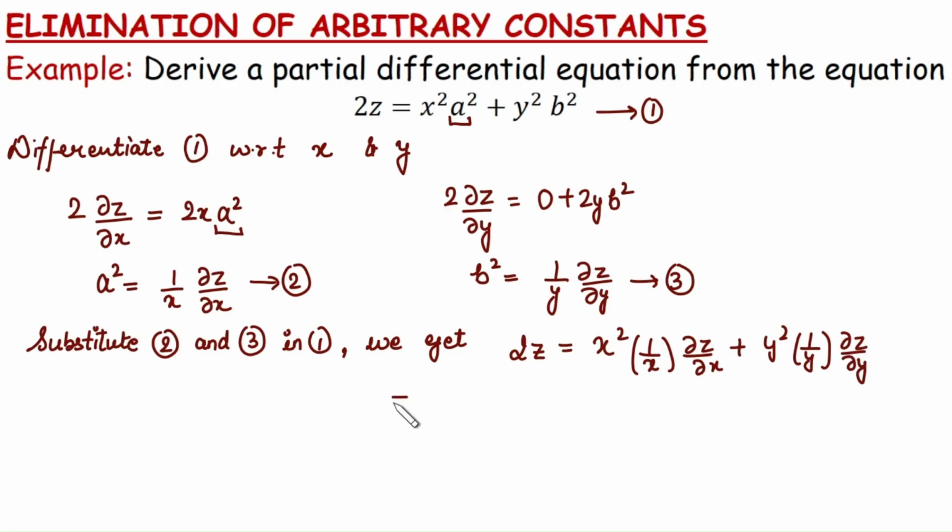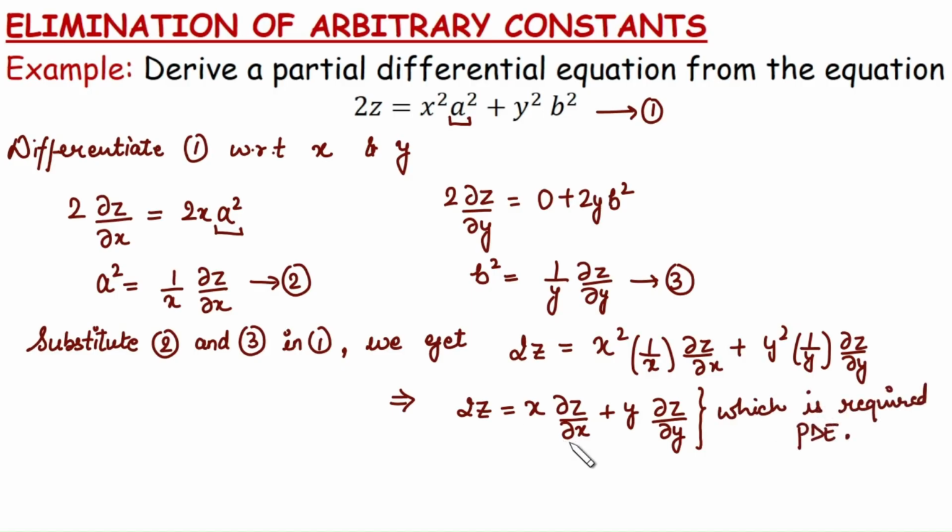Simplifying this further, we get 2z is equal to x times the partial derivative of z with respect to x plus y times the partial derivative of z with respect to y. So this is an equation which contains partial order derivatives. Therefore, it is called a partial differential equation, or we can say this is the required PDE.